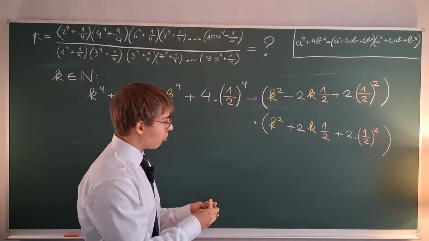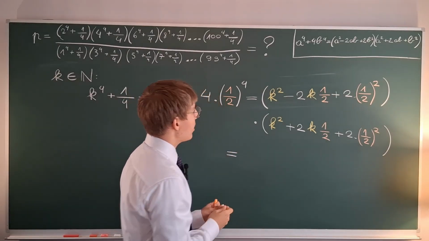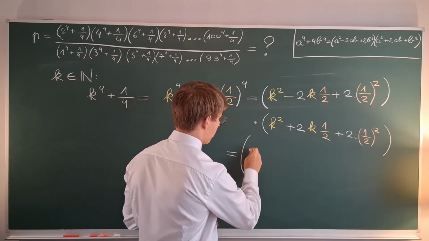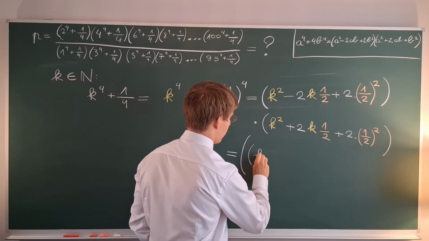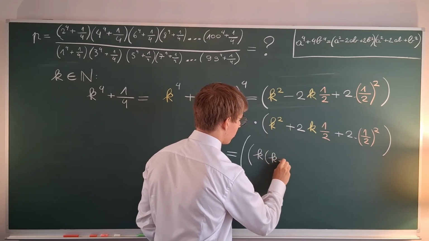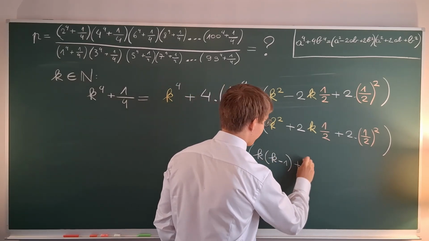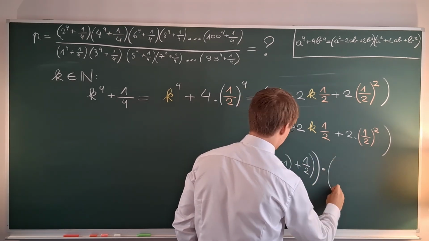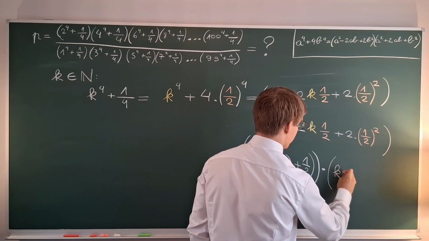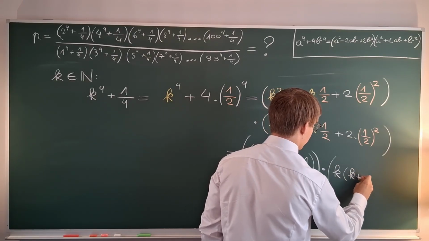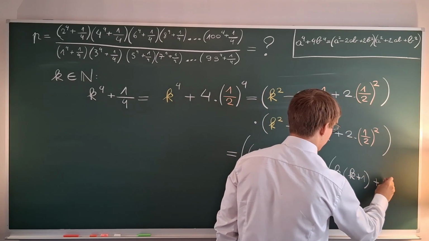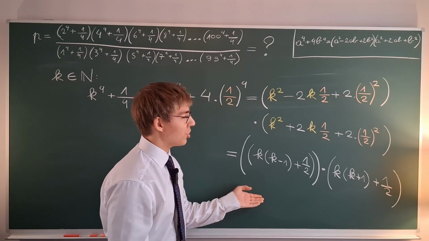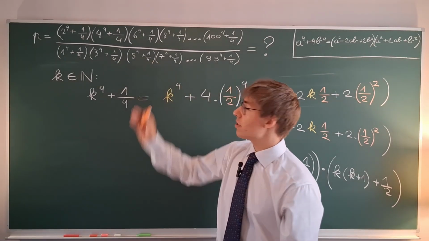And we can simplify this even more, so it is k times k minus 1 plus 1/2 times k times k plus 1 plus a half.